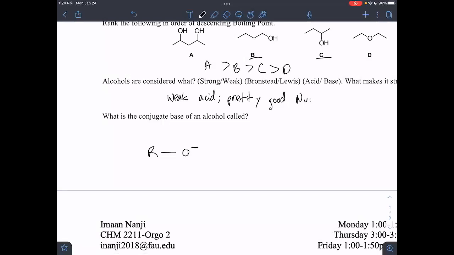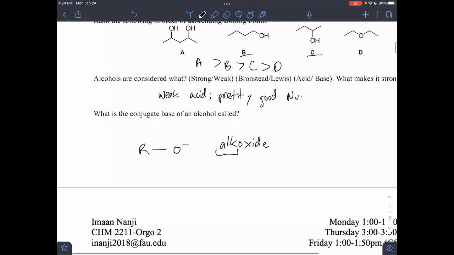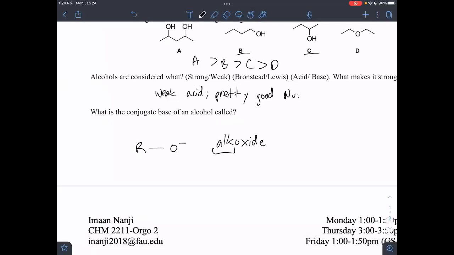And the alk is the same principle as the ether thing, and this gets changed out for methoxide, ethoxide, and so on. This alkoxide is a pretty good base and a pretty good nucleophile. Generally, anything with a negative charge is going to be pretty basic and pretty nucleophilic.